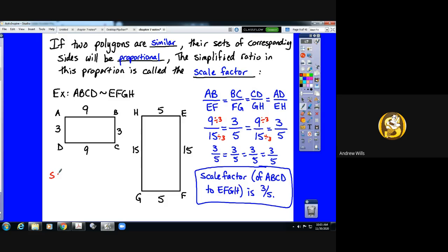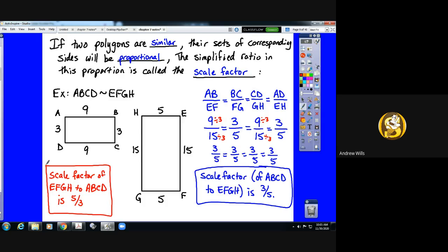that the scale factor of EFGH to ABCD would be 5 to 3.